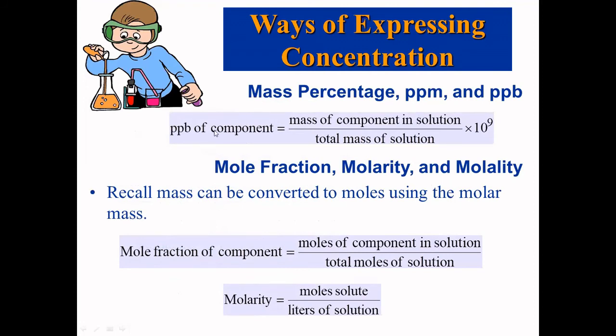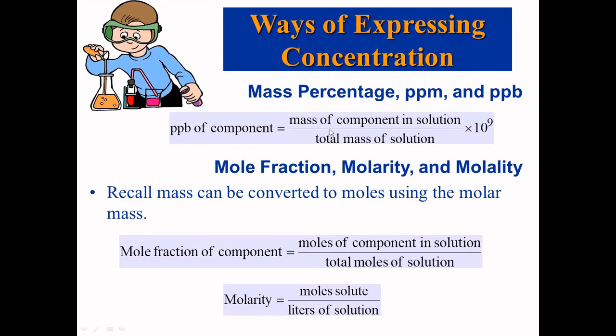Okay? Now, PPB, just like what I've said to you, it's the same rational expression here. Mass of component, mass of solute over mass of solution, times 1 billion because it's parts per billion.